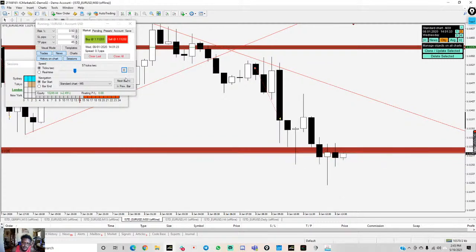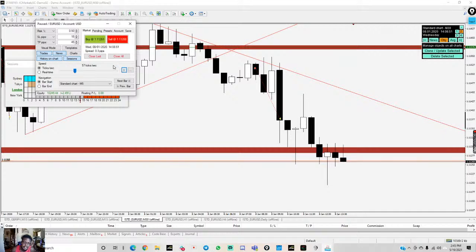So as you can see, we form resistance. And I think if this candle breaks its low, I might just enter a position. I'm just saying. If it breaks it low, alright, I'm going to enter a sell.